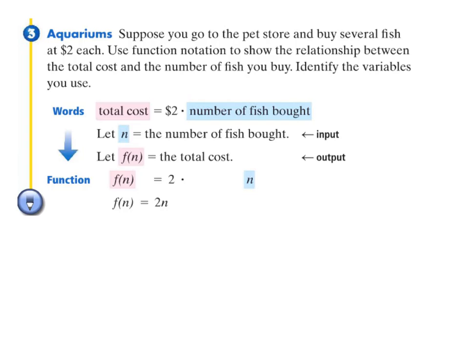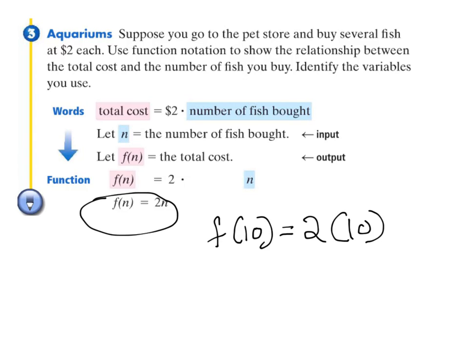So finally we can write the function f of n is equal to 2n. So what will be the total cost if you buy 10 fishes? So f of 10 is going to be equal to 2 times 10, which is going to be $20. So the total cost of 10 fishes will be $20.